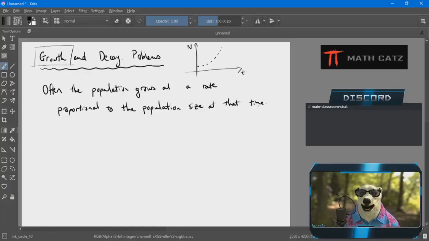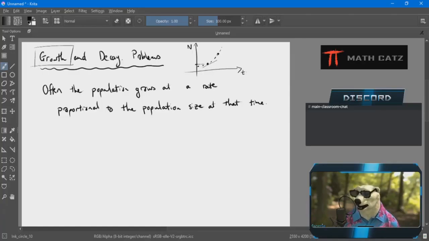That means that if your population is over here at some point in time, then the rate at which it grows, the rate of change, which I know is the derivative, the slope of the tangent line, is related to how many individuals there are at that time. Then I grow a little more.